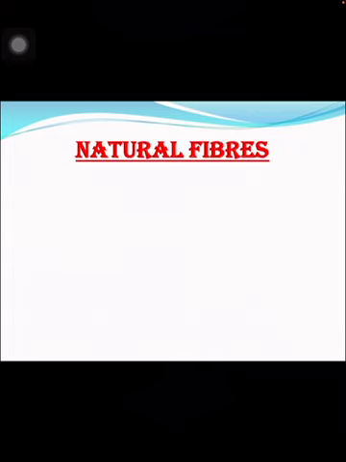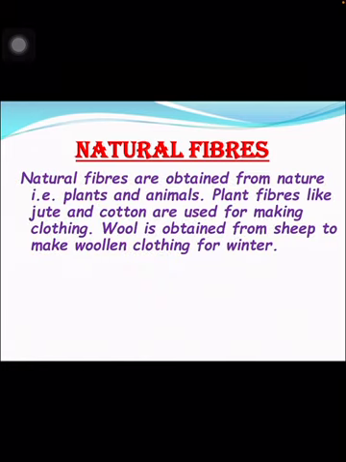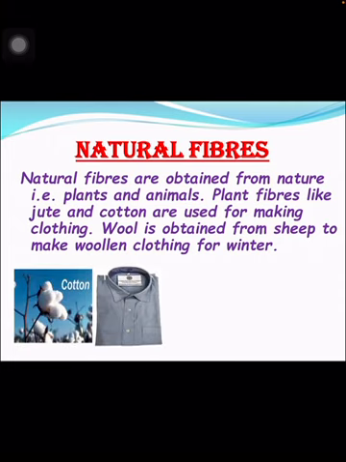Now natural fibers. As the name makes clear, it is natural fiber. What is natural? Natural means those fibers which are obtained from nature, that is, from plants and animals. Plant fibers like jute and cotton are used for making clothing.